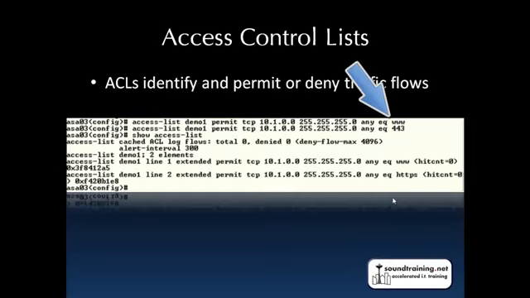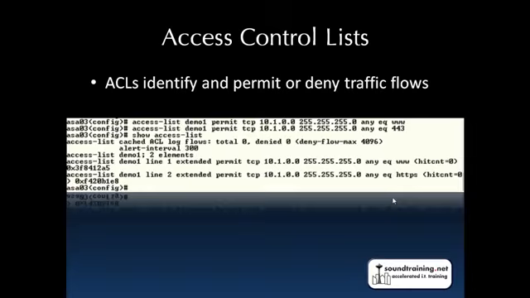We could say equal 80, and that's simply going to permit traffic going from that particular source 10.1.0.0 to any destination that's equal to port 80. The next line, same thing, except notice at the end we say 443. We could put HTTPS. If you know the name or you know the number, you can use pretty much either one. They're fairly interchangeable.